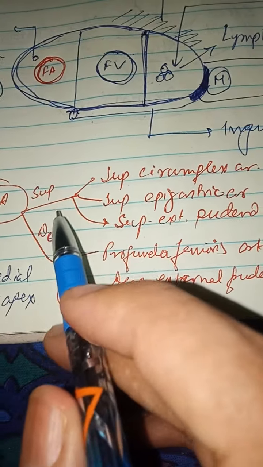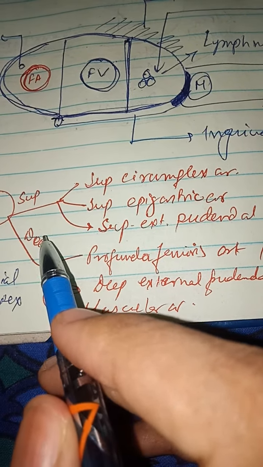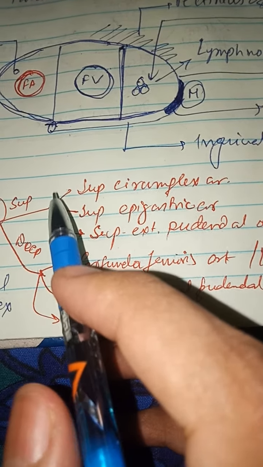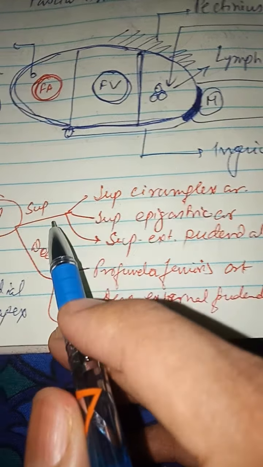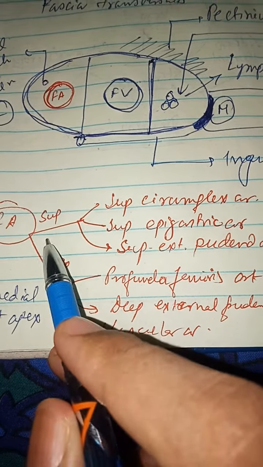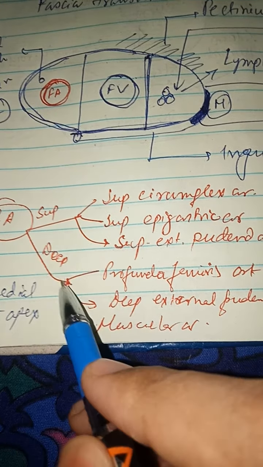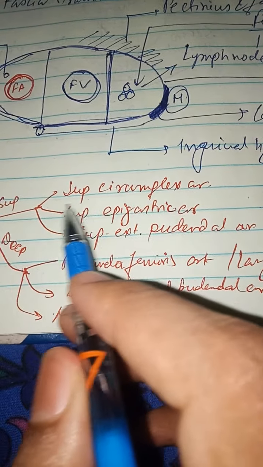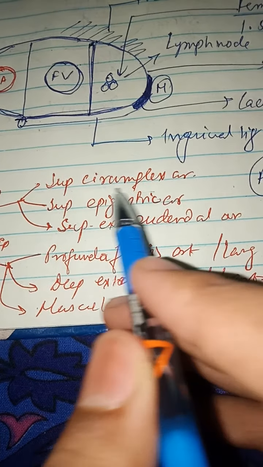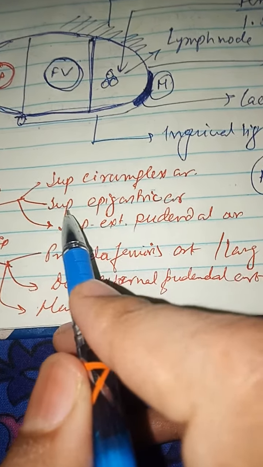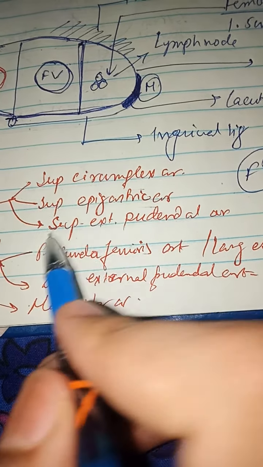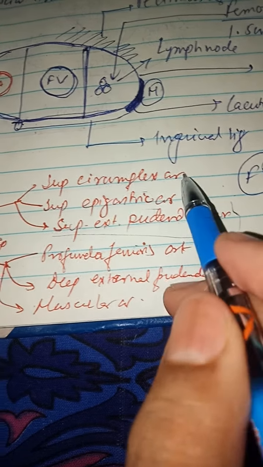So what are the branches of the femoral artery? At the femoral triangle it forms superficial and deep branches. The superficial branches are three: the superficial circumflex iliac artery, the superficial epigastric artery, and the superficial external pudendal artery.